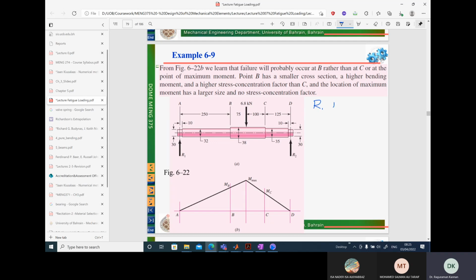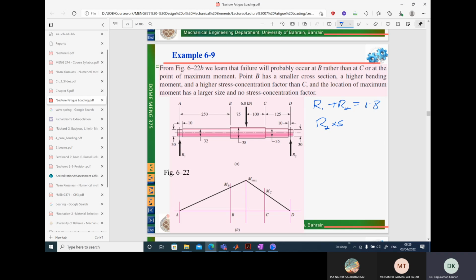So solve for it: R1 plus R2, write equilibrium equations, take moment about point A, and you will get another equation. We know the total distance between A and D. We have 125 plus 100, which is 225, plus 75, which is 300, 400, 550. So we get 550.